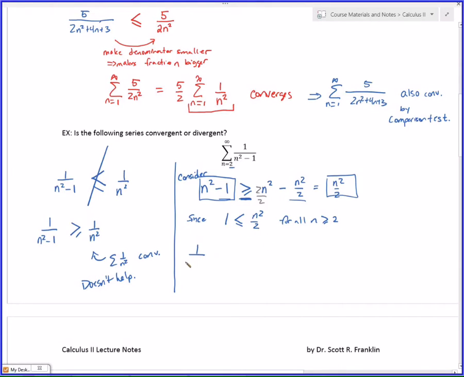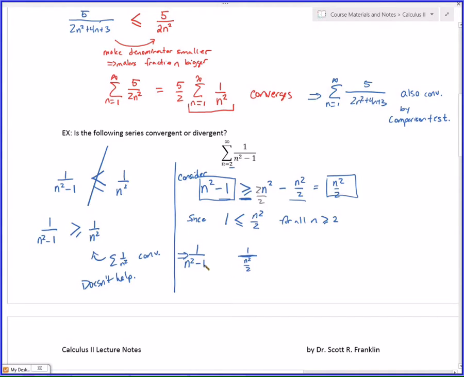What does that now mean for this fraction? Take 1 over n squared minus 1. Let's replace the denominator with n squared over 2 now. So how do these denominators compare? Which one's bigger? n squared minus 1 is bigger than n squared over 2.